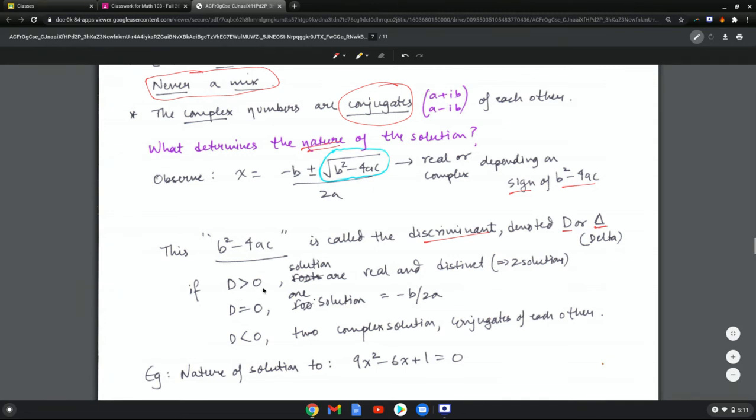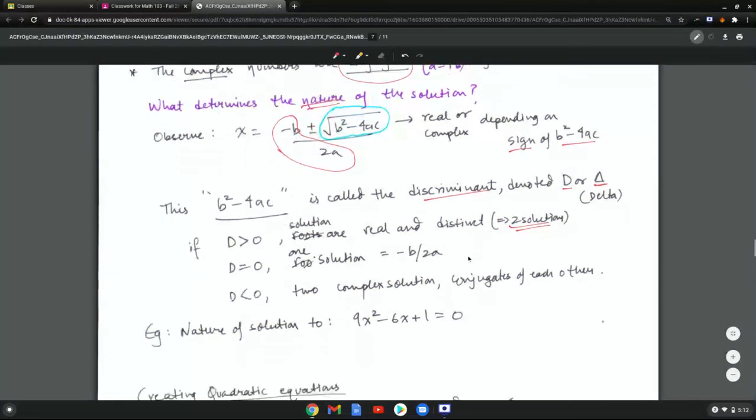If this D is more than 0, the solutions are real and distinct, meaning there are two solutions. If D is 0, we have one solution, equal to negative b over 2a. You can verify here: if this part is 0, you're just left with negative b over 2a. If D is negative, then you have two complex solutions and they are conjugates of each other.